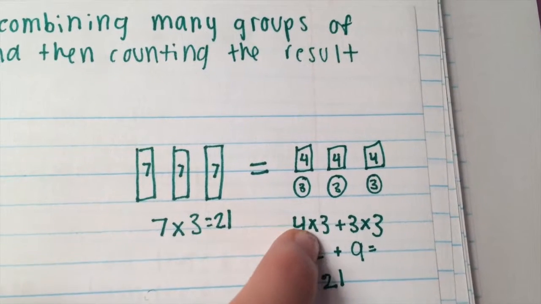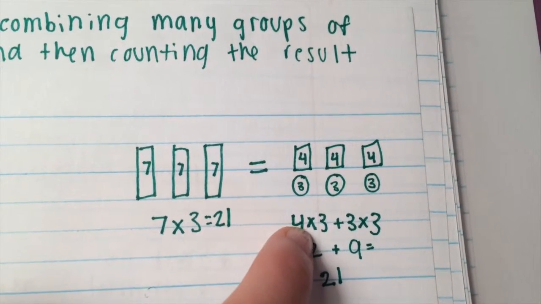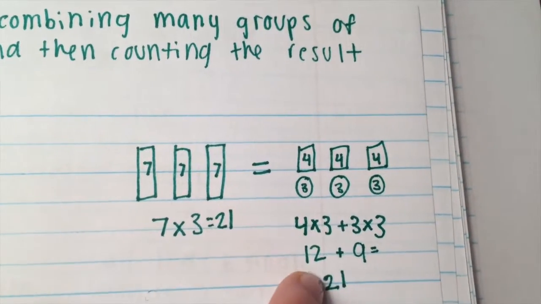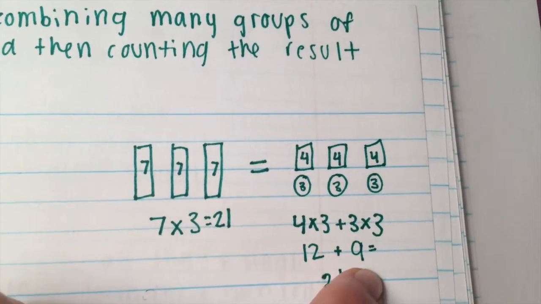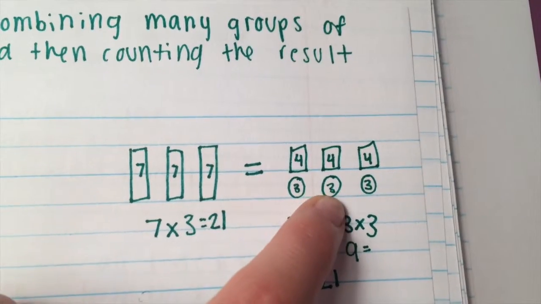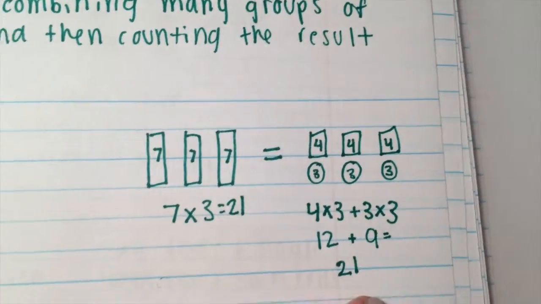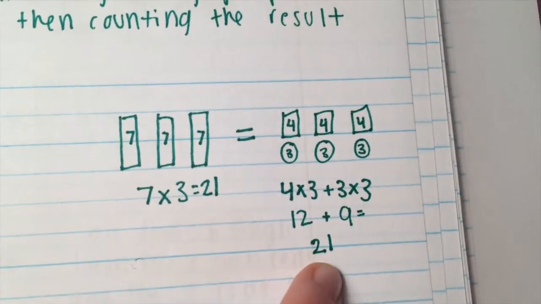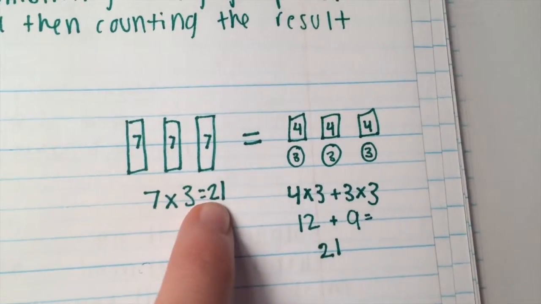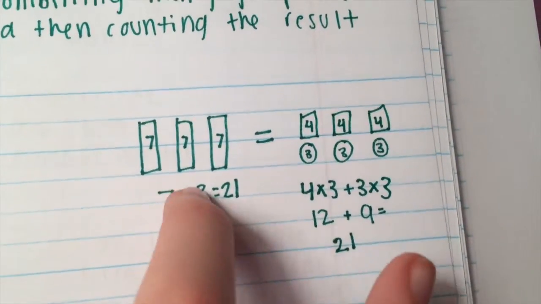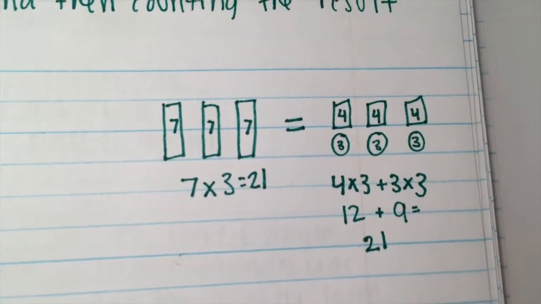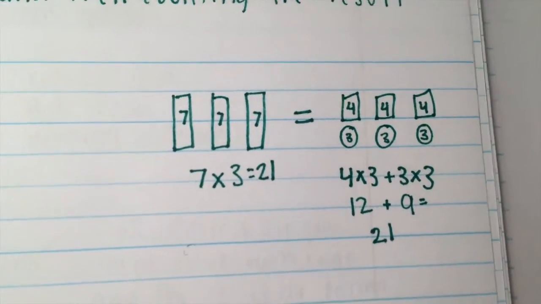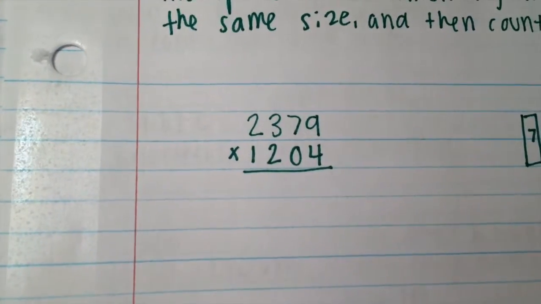So if we have 3 groups of 4 each, we get 12. And if we have 3 groups of 3 each, we get 9, because 1, 2, 3, 4, 5, 6, 7, 8, 9. And if we add those two problems together, we get 21, similar to this. So they're just written in different ways, but they are both equal to 21. We can remember that as we do this multiplication problem.